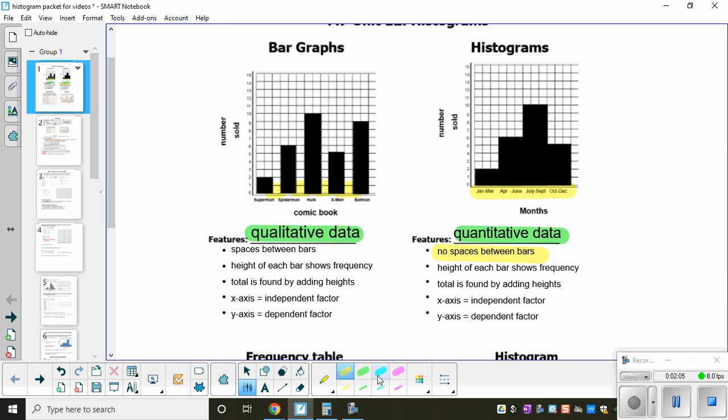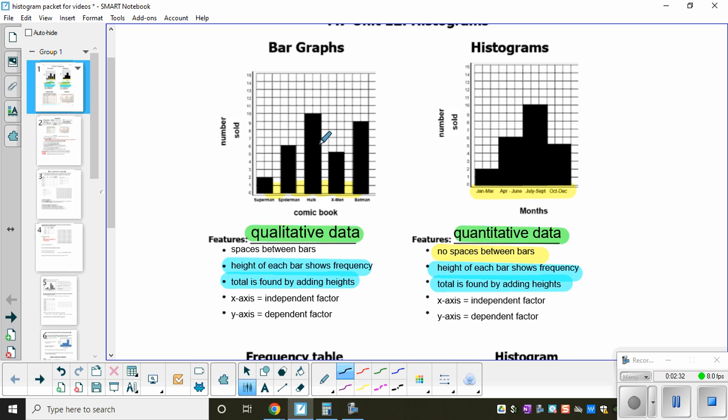Now, what they both have in common, y'all, is that the height of each bar shows the frequency, which means that for each of them, you can find the total by simply adding up the heights of each bar. In the practice example, 2 Superman comic books were sold, and it looks like 6 Spider-Man and so on.